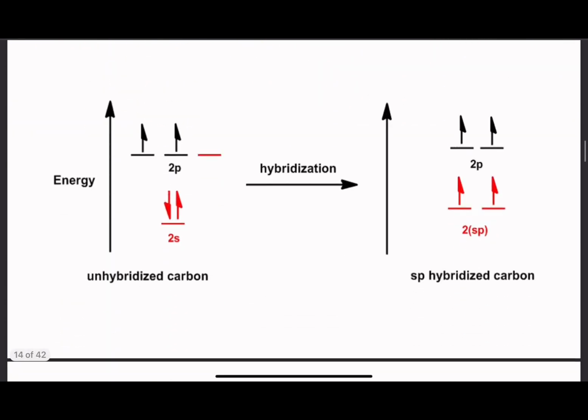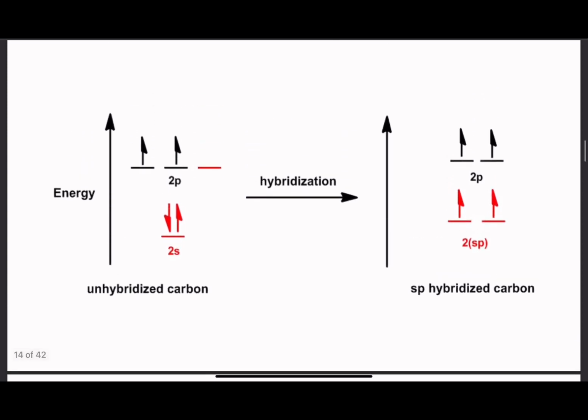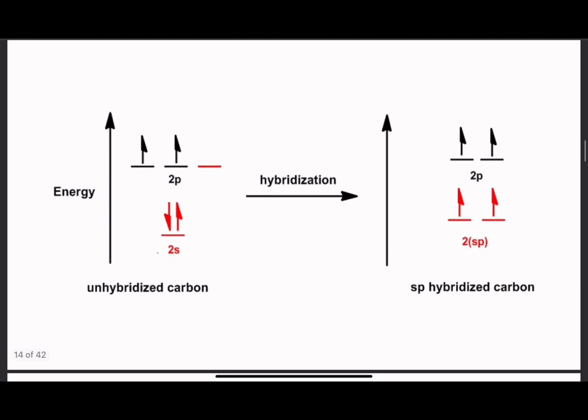Now I'm going to show you another hybridization, which is the last one. In this case, I combine here one 2s orbital with one 2p orbital, which is empty, and I don't touch the other ones. This is the carbon again, 1s2, 2s2, 2p2.